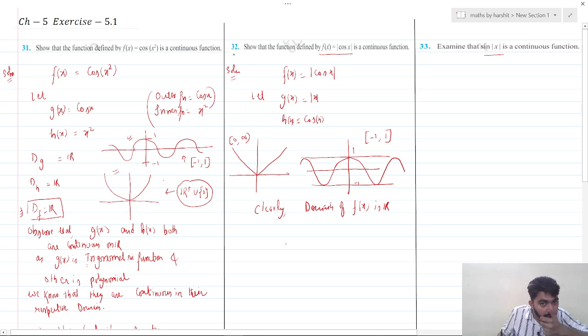Okay, you can observe here that mod of cos x is given, and the cos x range is -1 to 1.